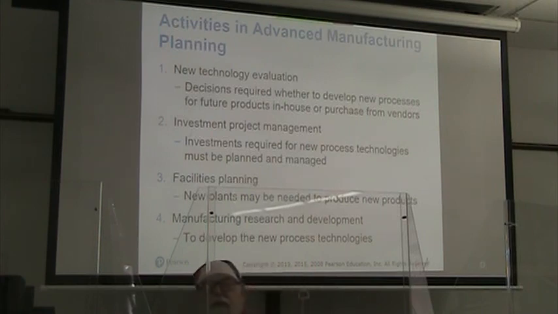So some of the things we do in advanced manufacturing planning: one is we evaluate new technology. We need to look at new technology and make the decisions whether we're going to develop these new processes for our future products, or are we going to purchase things made with these new technologies from vendors.